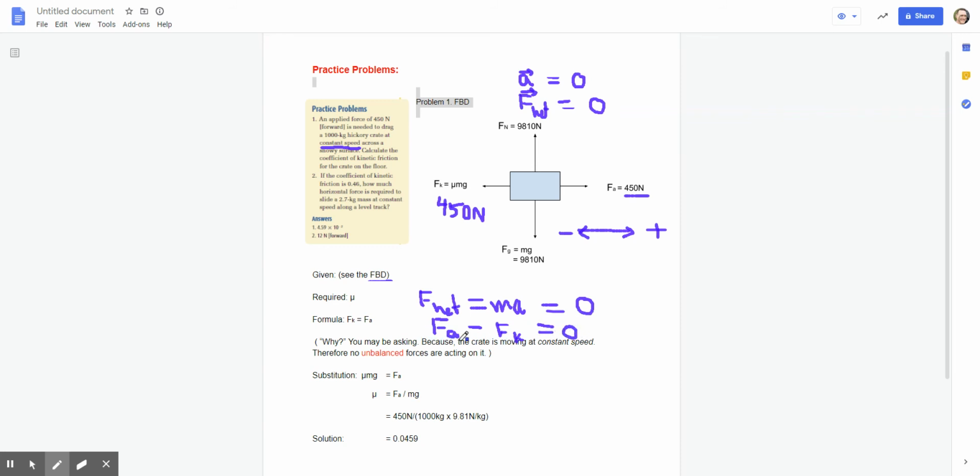So this is my F net equals ma. Applied minus friction is my F net. ma is 0, so then I can jump down here and say, well, look, if the applied force minus the friction is 0, that means the applied force is equal and opposite to the frictional force.